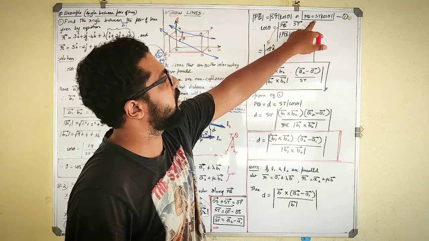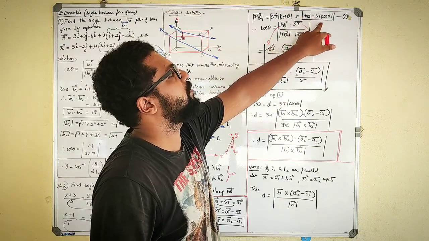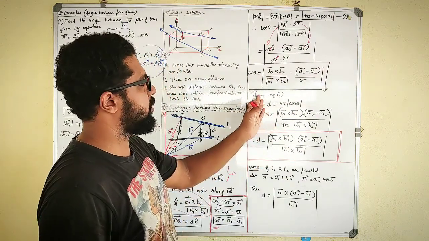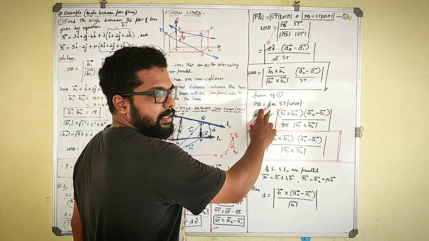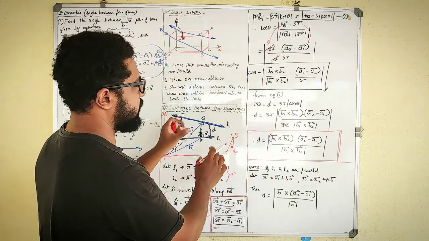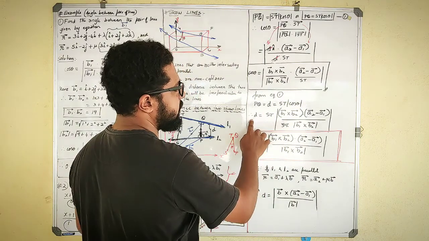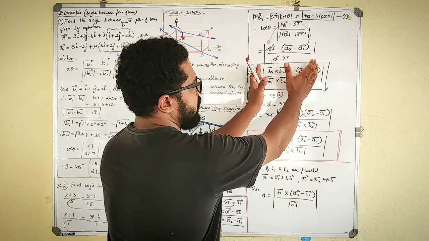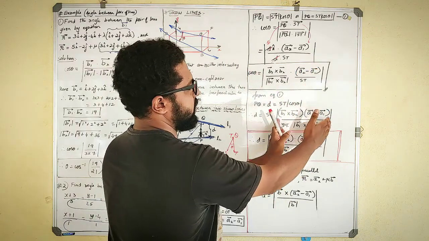Now I will go to equation number 1, which I resolved and kept like that. PQ is equal to ST cos theta, and PQ is simply the distance D. Yes or no? So D is equal to ST into cos theta. Cos theta is the one I have already found out, so I will substitute the cos theta value here.